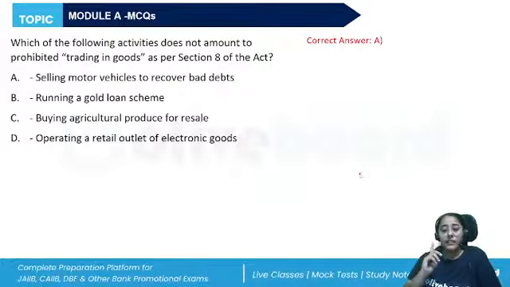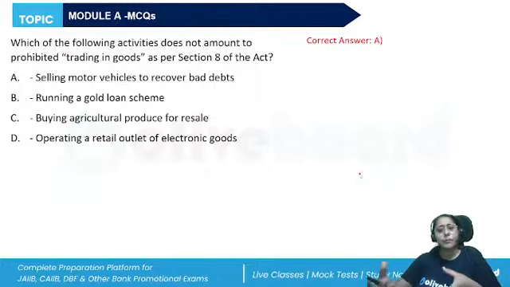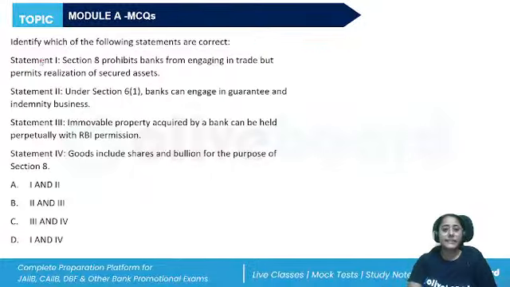The Section 8 prohibition says that if they are selling the property to recover their dues, that is allowed. And the option correctly says that they're selling the motor vehicle to recover their bad debts, the NPAs. So that is allowed, it is not prohibited. So the correct answer will be A, selling motor vehicles to recover the bad debts.